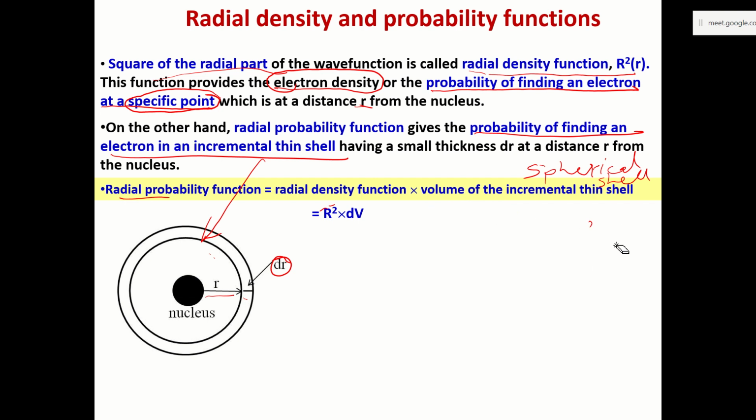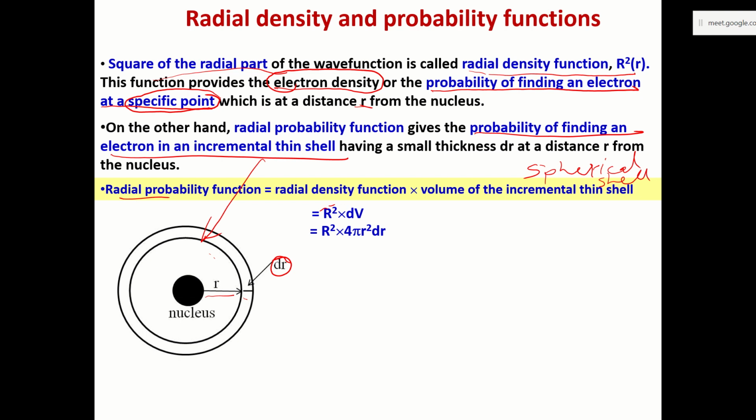This is the probability which you studied in class 11, and that was this same probability, okay? You calculated it in an incremental thin shell, okay? You must have studied it in BSc and in 11th. In class 11 in BSc, what you have mainly studied is this part. In many books the electron density part is skipped, it is not there, so I am explaining it more logically, okay?